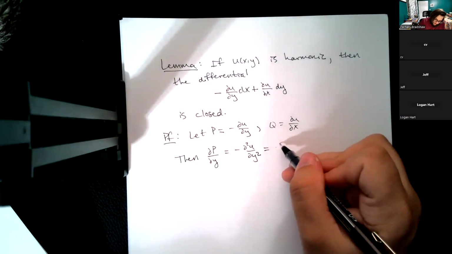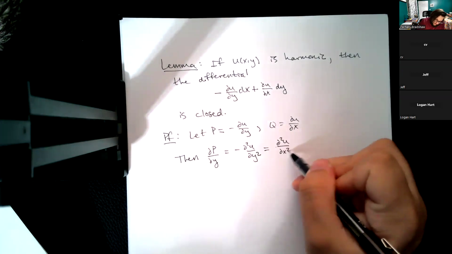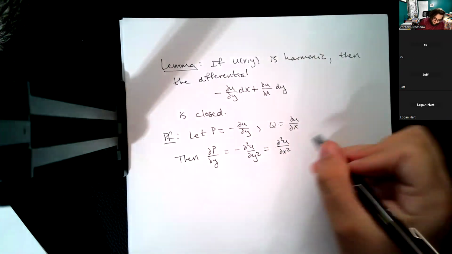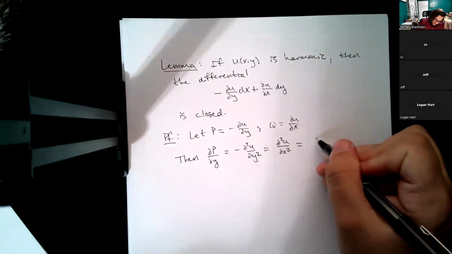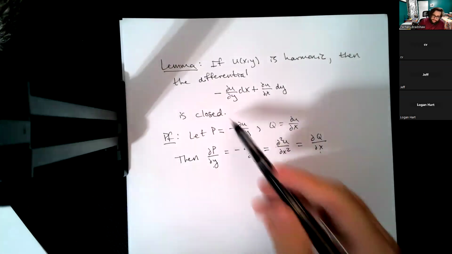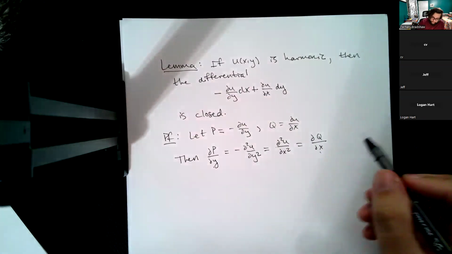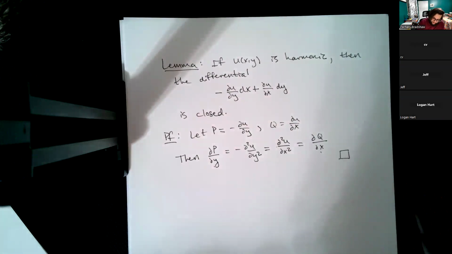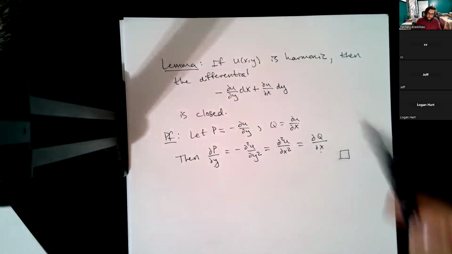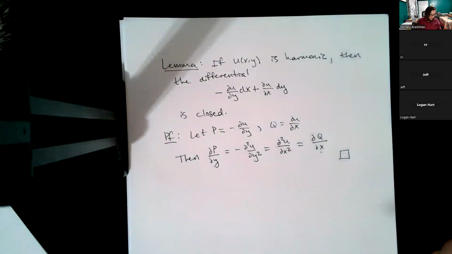And this is equal to the second derivative of u with respect to x because u is harmonic, so it satisfies Laplace's equation. And so this is equal to the derivative of q with respect to x. And this condition is exactly closedness. Okay. So a harmonic function defines a differential which is closed.